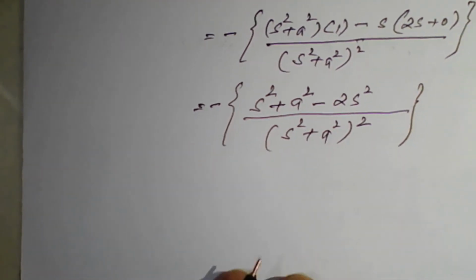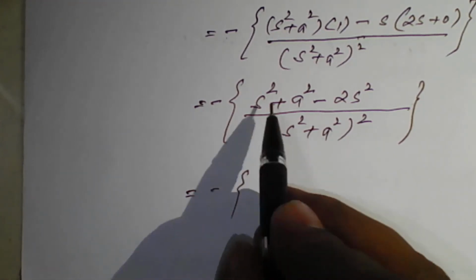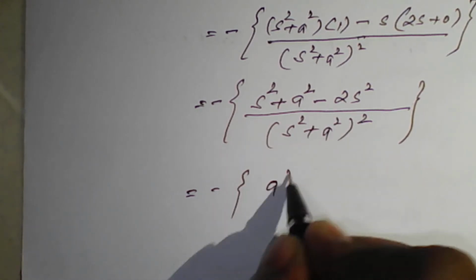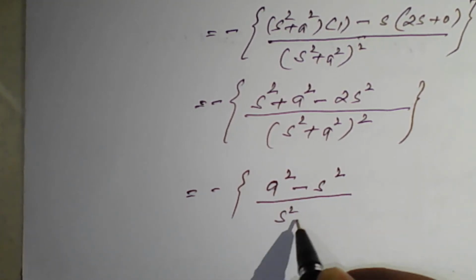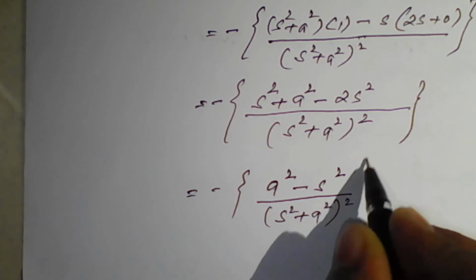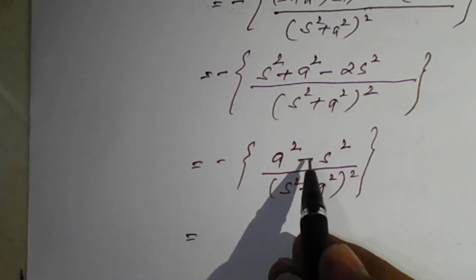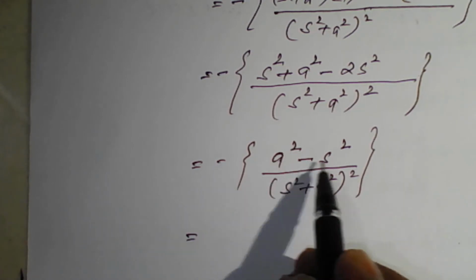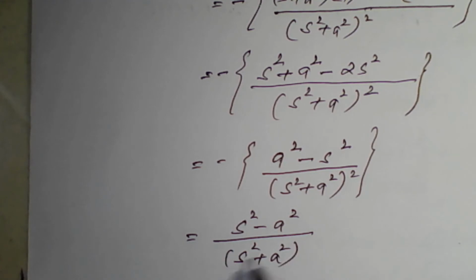So on final simplification, we get minus outside only. s square plus a square minus 2s square will be a square minus s square, divided by s square plus a square whole square. This minus we multiply for the inside function. So because of this minus sign, a square minus s square will become s square minus a square. S square minus a square divided by s square plus a square whole square.